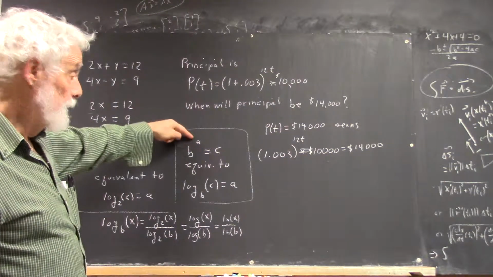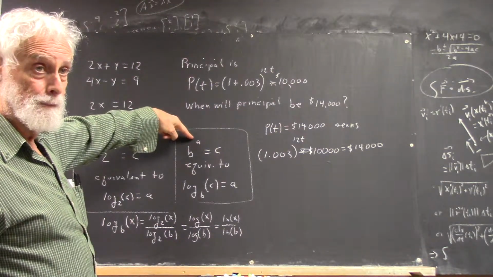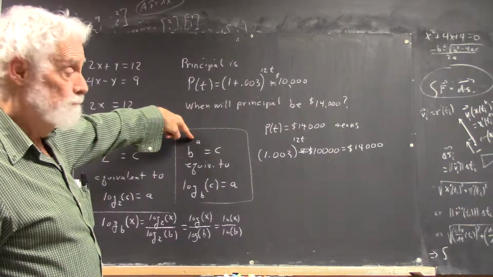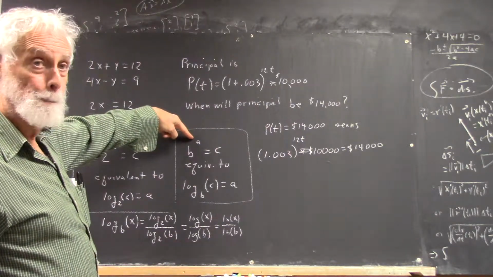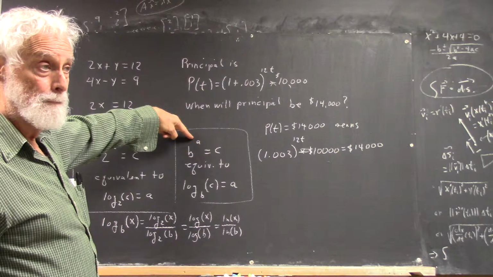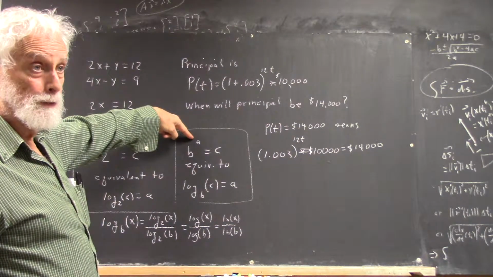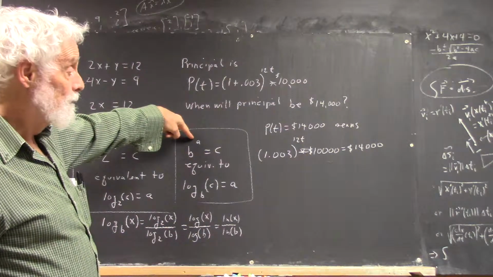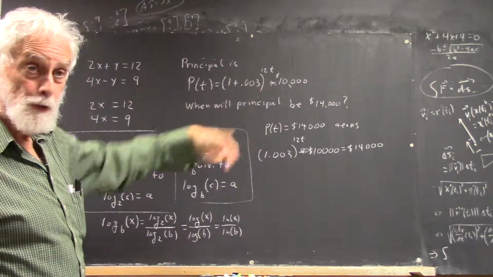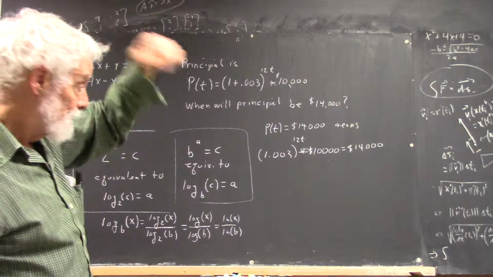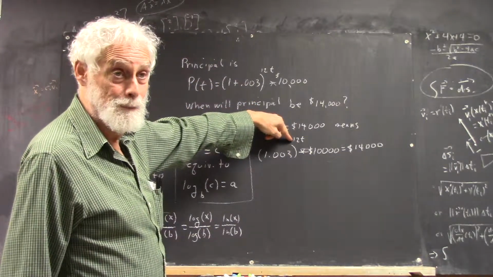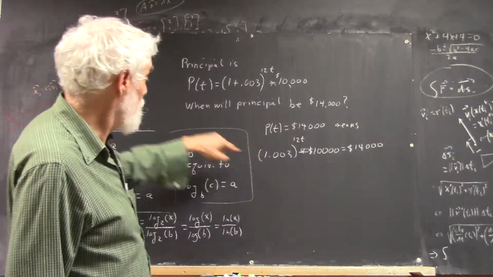Well, what's a going to be? Where's a? 12t. Yeah, a's the exponent, right? Where do you see an exponent in this equation? That's an exponent, right? So that's going to be your a.